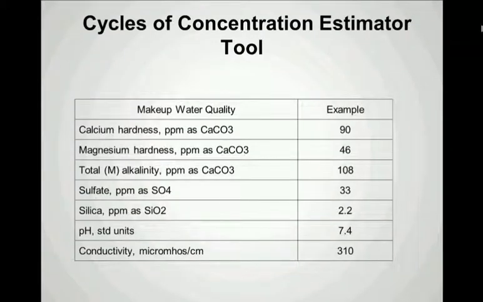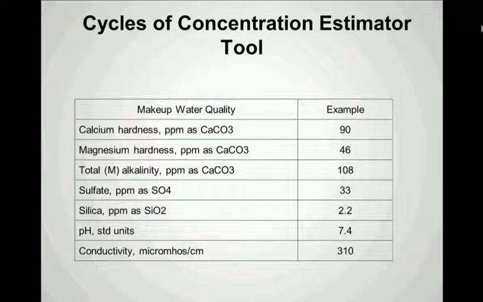One tool that we have provided is a cycle of concentration estimator tool, which helps end users arrive at an estimate of what is a permissible cycle of concentration based on their makeup water quality. Cooling towers are largely operated within limits imposed by the water quality in that particular area.